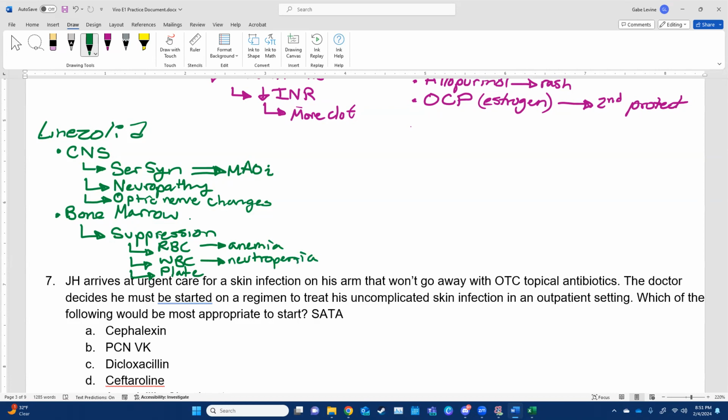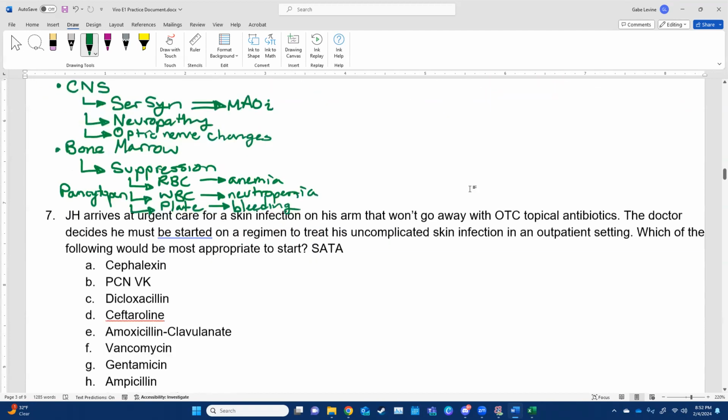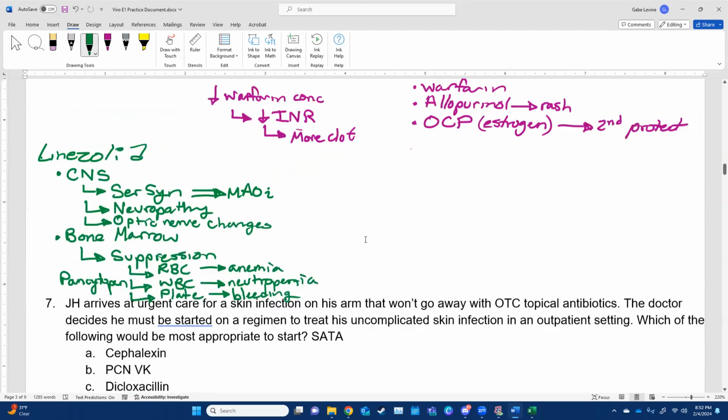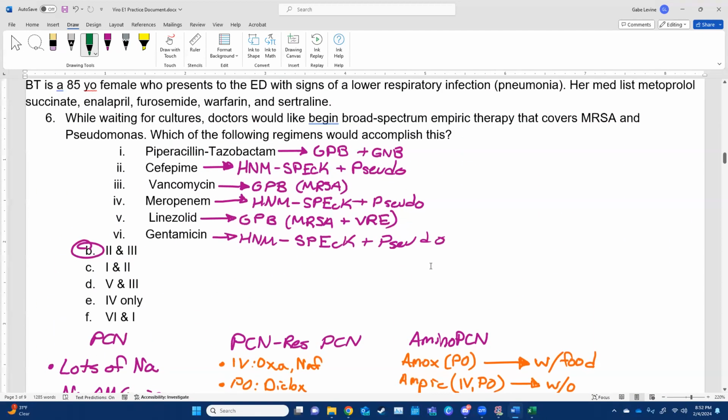Right. Generally we call this pancytopenia. We're decreasing everything. And then what's the risk if your platelets are low? Thrombocytopenia, right? We're bleeding. Thrombocytopenia, neutropenia, anemia. Great.